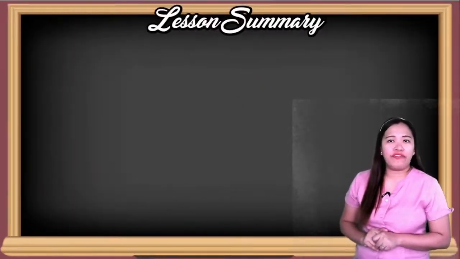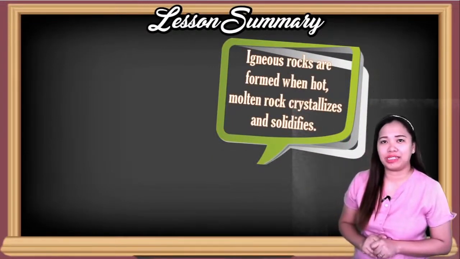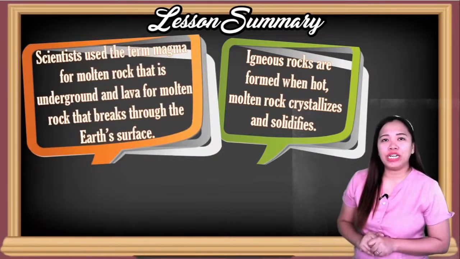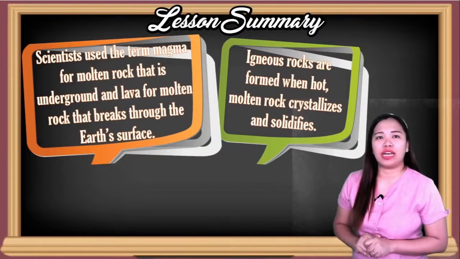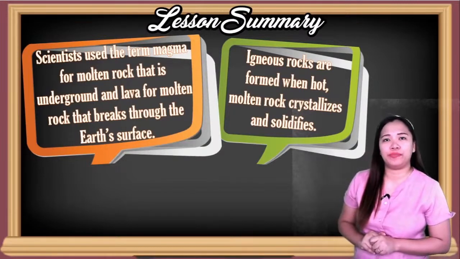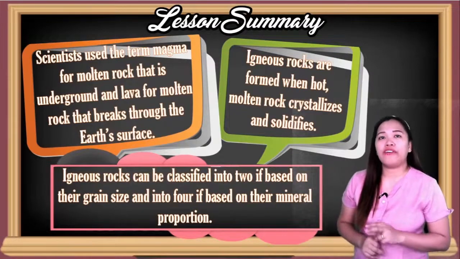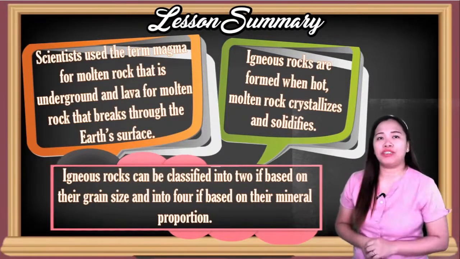Igneous rocks are formed when hot molten rock crystallizes and solidifies. Scientists use the term magma for molten rock that is underground and lava for molten rock that breaks through the Earth's surface. Igneous rocks can be classified into two based on their grain size and into four based on their mineral proportion.